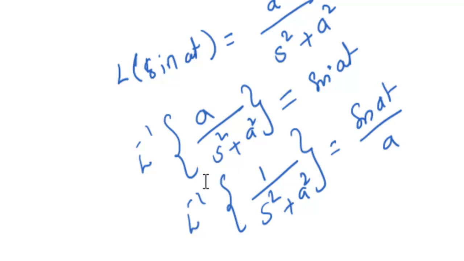That's the meaning of that. So in our case, a is nothing but 1 by root LC. Then you can see that.